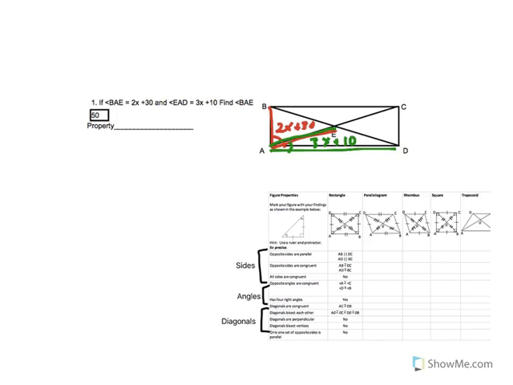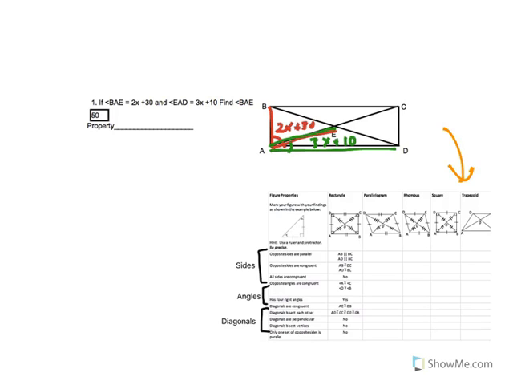So look at the picture. We took the information from the question and we put it on the figure. Step one. So now we're going to use our table down here in order to determine what property we will use to set up our equation.